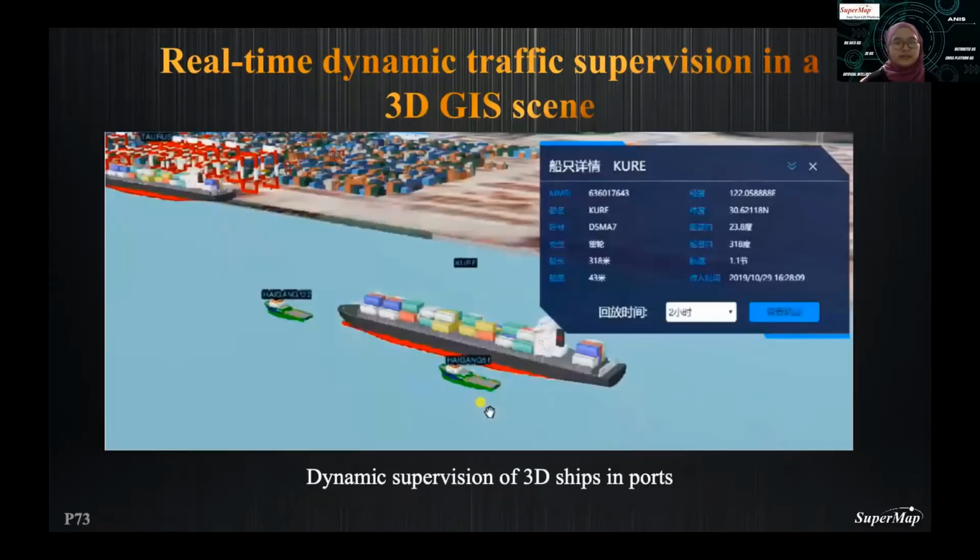So this is real-time dynamic traffic supervision in a 3D GIS scene. We can also integrate BIM, GIS, and IoT technology to get the real-time reading, which can be displayed in both web and mobile phone as well.